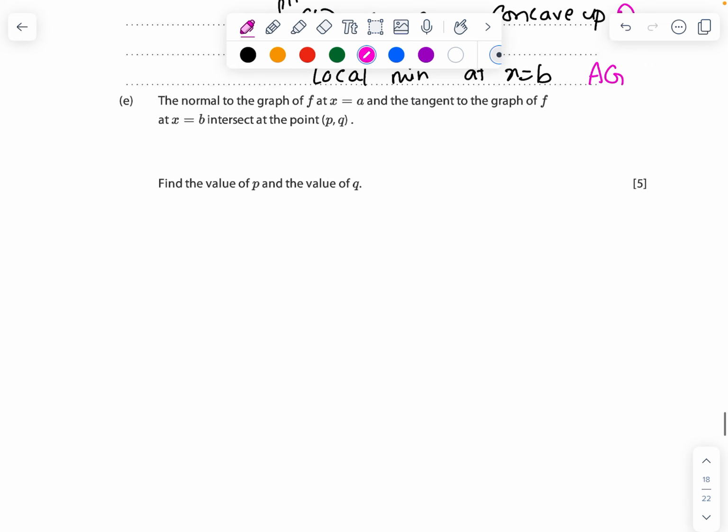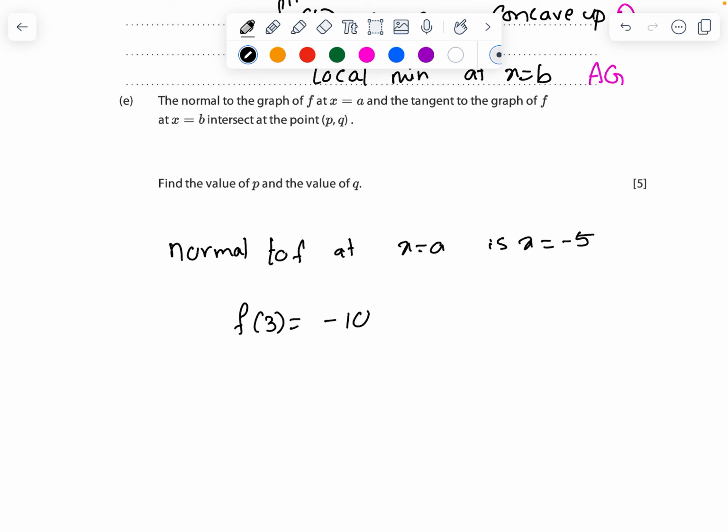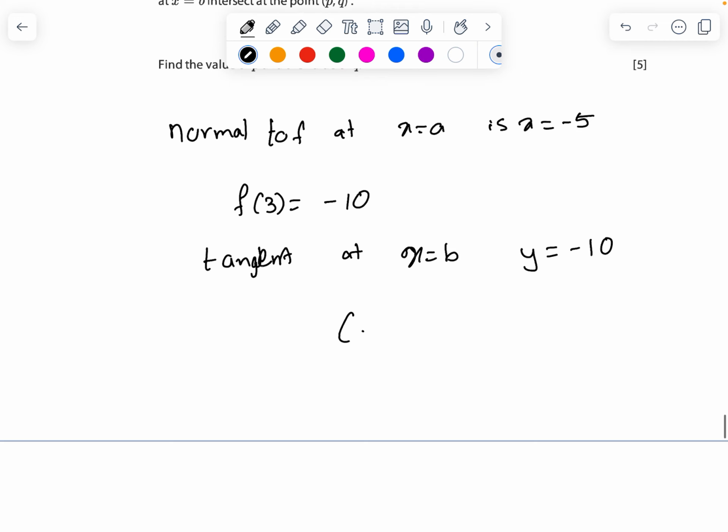The normal to the graph of f at x equals a and the tangent to the graph at x equals b intersect at p and q. Find the values of p and q. So the normal to f at x equals a is x equals negative 5. Then to get the tangent, first get the y coordinate. So I'll find f of 3, which is negative 10. Now the tangent at x equals b will be y equals negative 10. So therefore the point of intersection will be negative 5 comma negative 10.